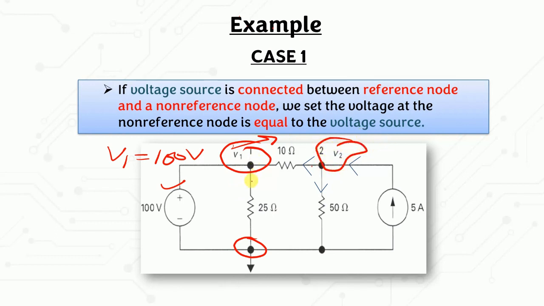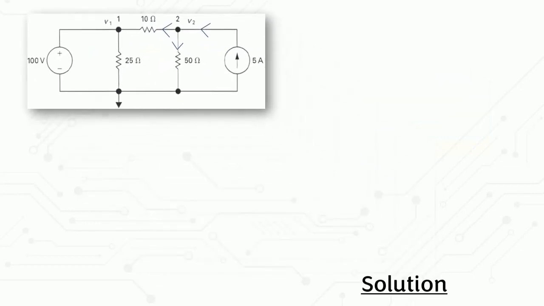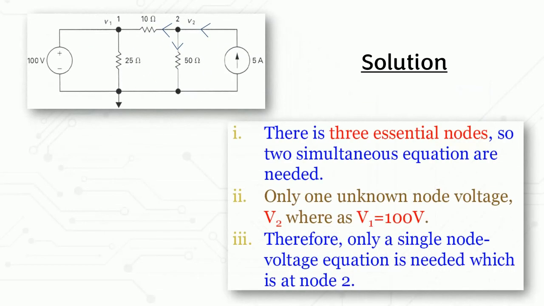So there are 3 essential nodes, but only one unknown node, because we only want to know V2, since we already know V1 is equal to 100. Therefore, we only need one single node voltage in order to know the value of V2.